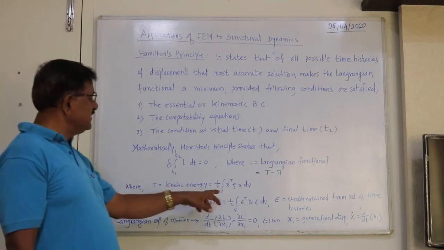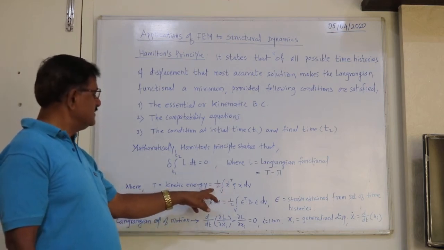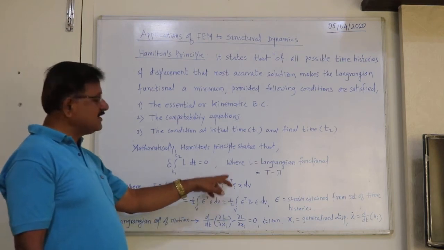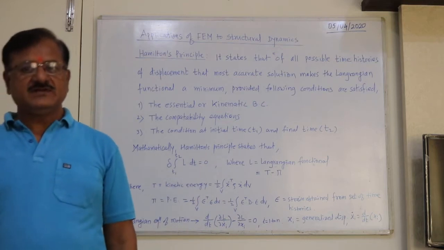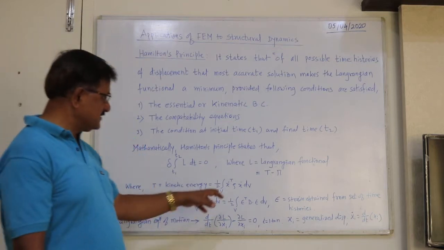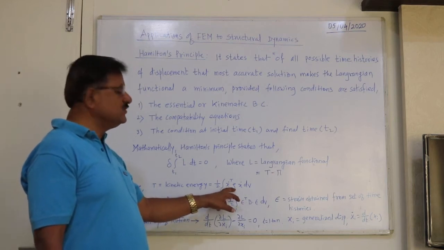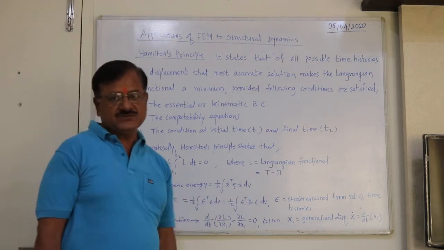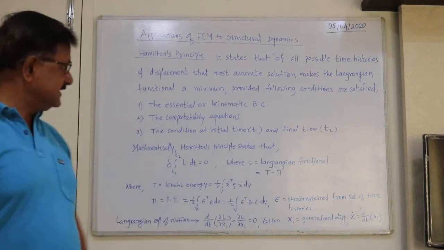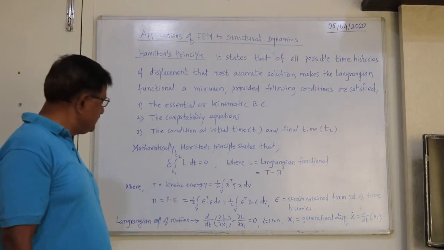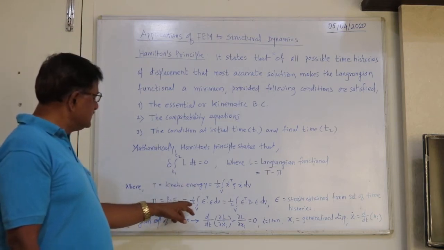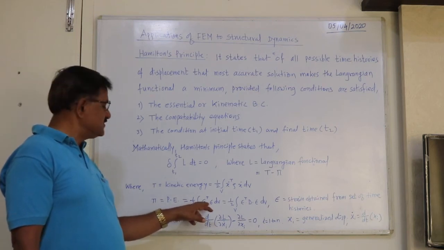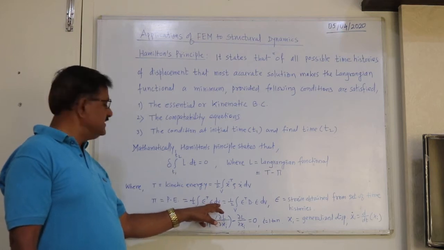The kinetic energy is equal to 1/2 integration over the entire volume of x dot transpose, the transpose of velocity, x dot represents the velocity, into density into velocity into dV. So over the entire volume we can integrate this to find the kinetic energy. Then we calculate the potential energy by using 1/2 over the entire volume of strain transpose into stress into dV.